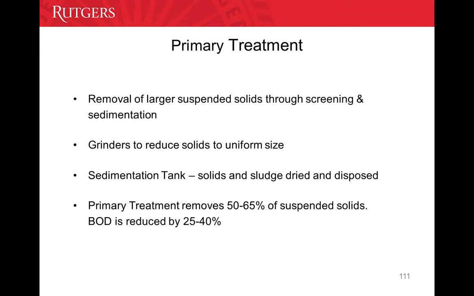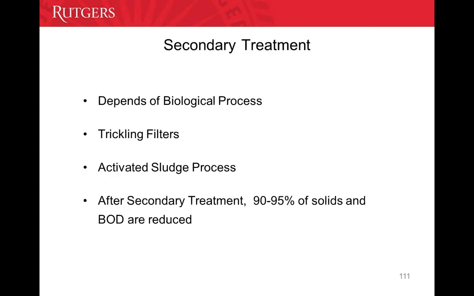So the first goal in primary treatment, of course, is to screen and remove these suspended materials, to grind those solids into a more uniform size, and, using a sediment tank, to have them settle out, and the sludge is dried and disposed of. Primary treatment will usually remove about 50 to 60% of the suspended solids, and we reduce the biochemical oxygen demand by 25 to 40%.